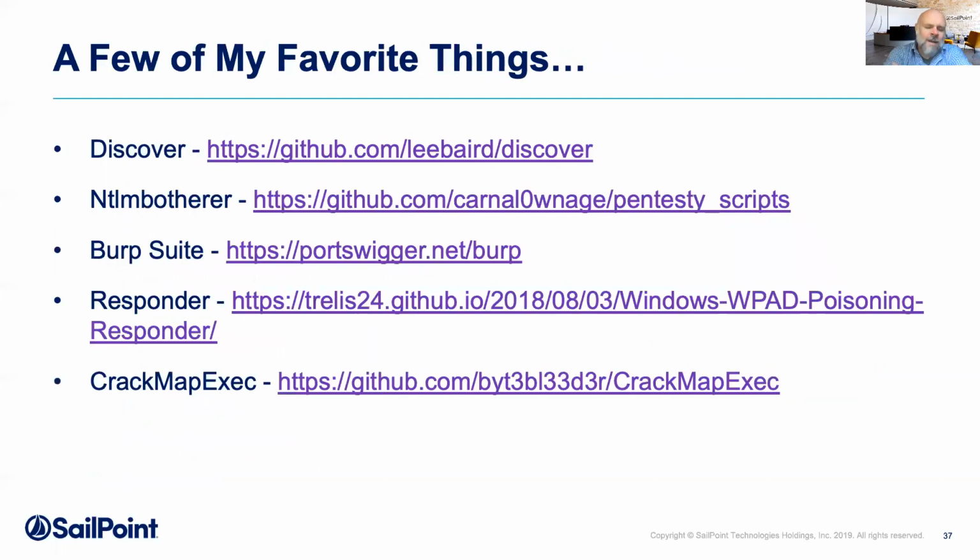And then a few tools that I'd recommend you actually try on your own to give you some insight into your environment and into an attacker's mindset. Discover is a great OSINT gathering tool. I used to use NTLM and Bother, but I know if you pop a set of domain creds and get in and can hit the domain controller, CrackMapExec lets you launch a password spraying attack directly against a DC.